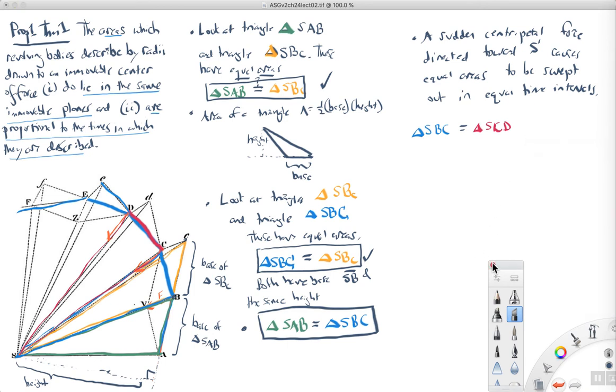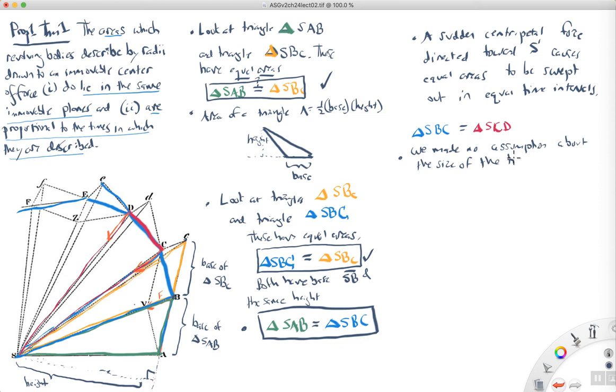Let me get rid of these. I want to make a couple more points before I go on. Okay? Notice that we made no assumption about the size of the time intervals between the application of centripetal forces, delta t.